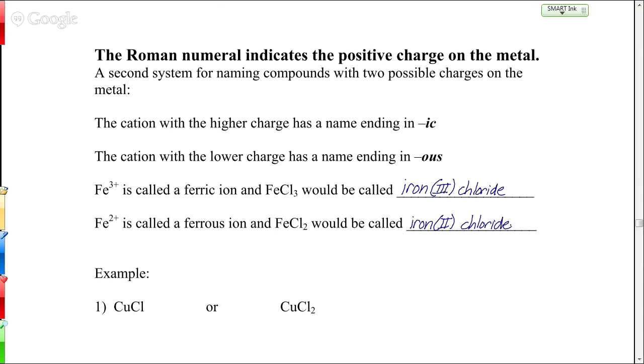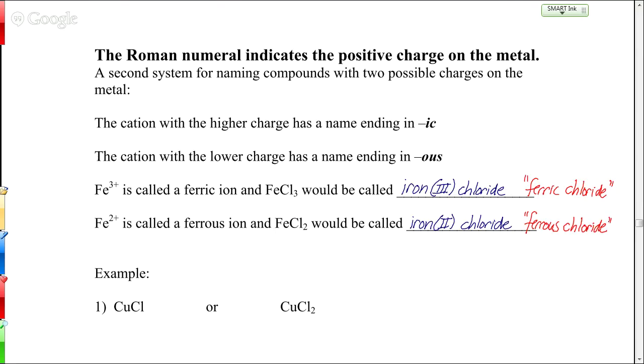Now, for some common ions, they have another name where the one with the higher charge gets "ic" and the one with the lower charge gets "ous." So another name for this would be ferric chloride, and then another name for this one would be ferrous chloride.